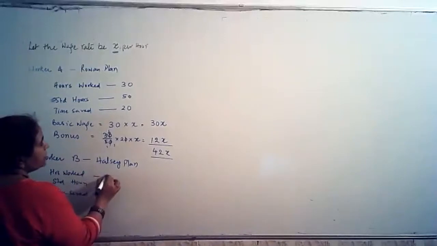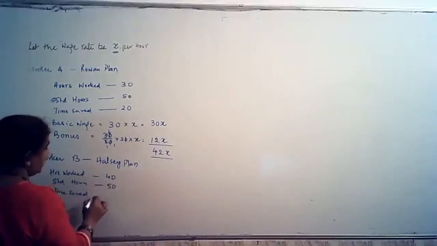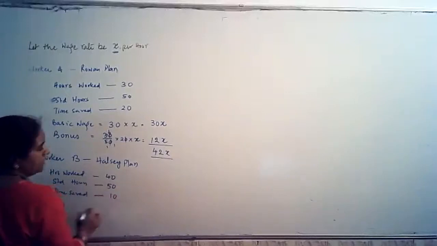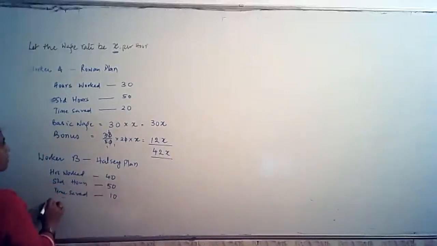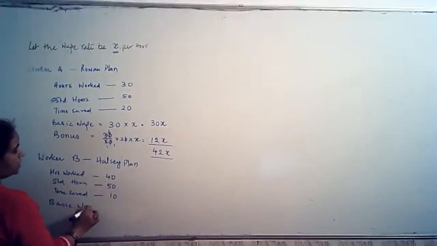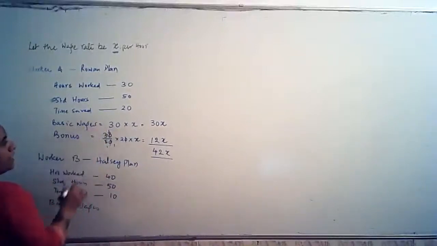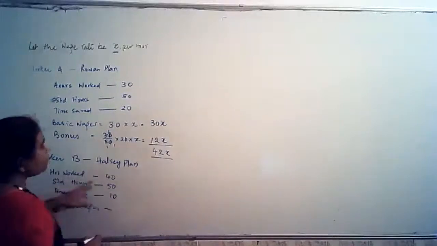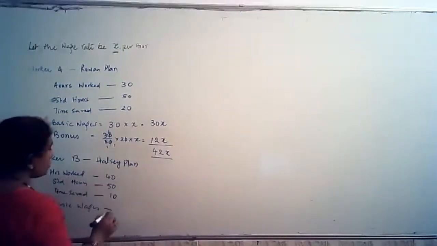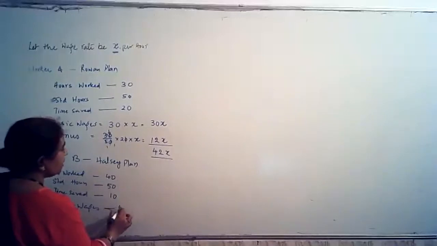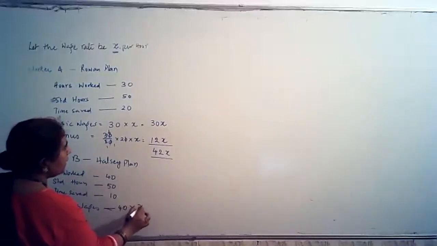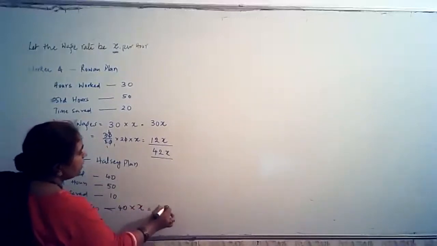Hours worked is 40 hours, standard time is 50, time saved is only 10. Now I will calculate basic wages. Basic wages is equal to number of hours worked into rate. Number of hours worked is 40, into rate X, which is 40x.